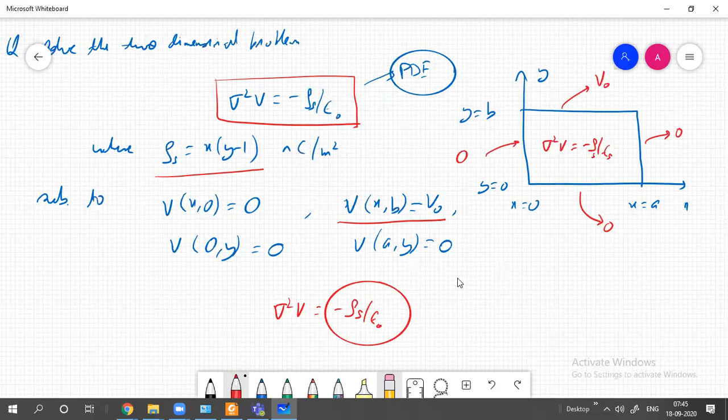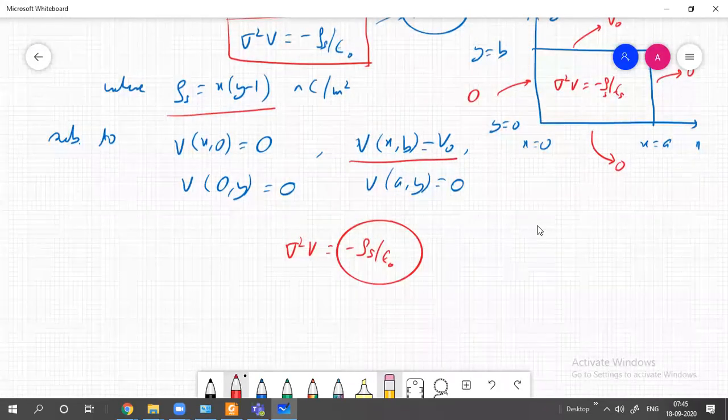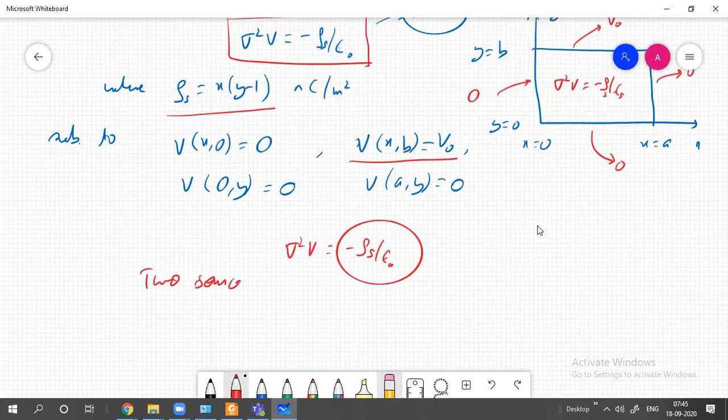If you see here, in this problem there are two source terms. The first is V naught, the second is minus rho s by epsilon naught.